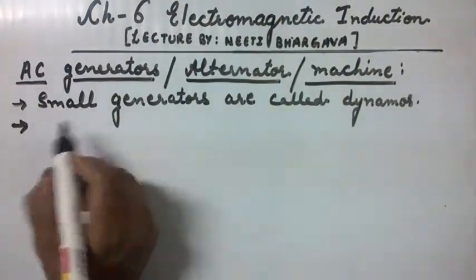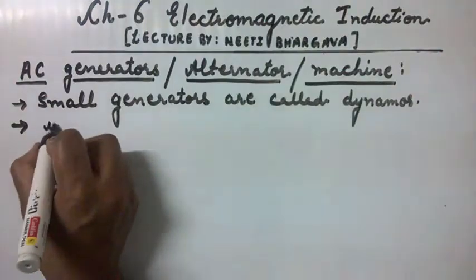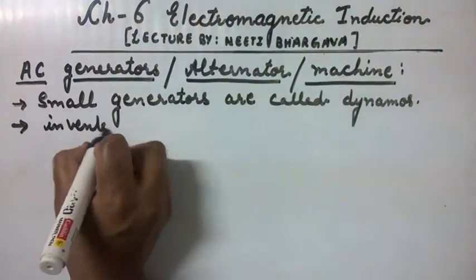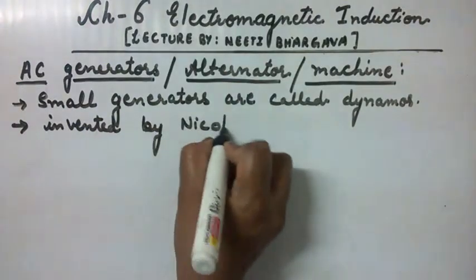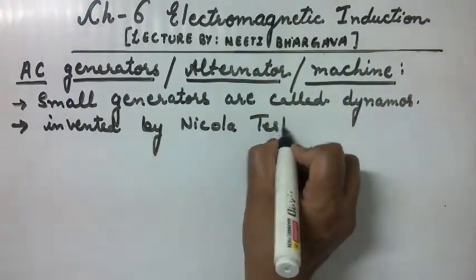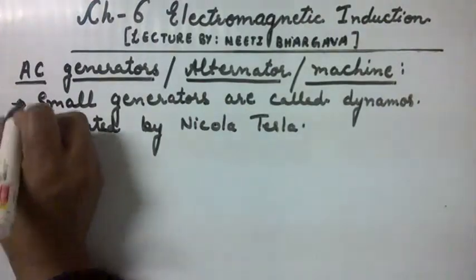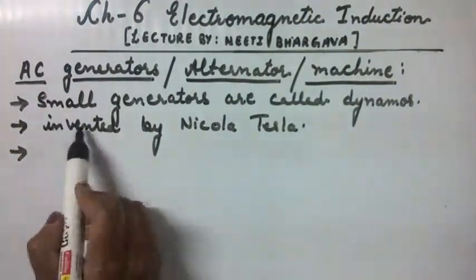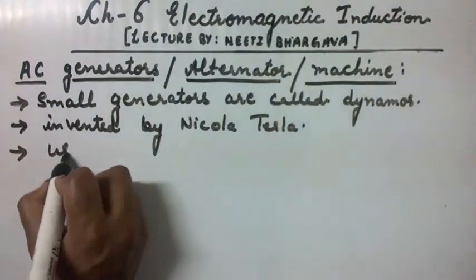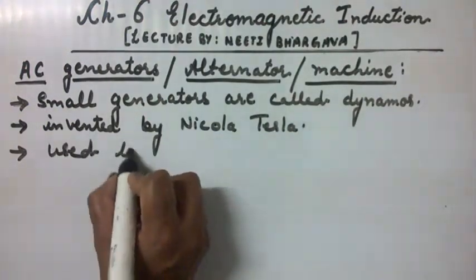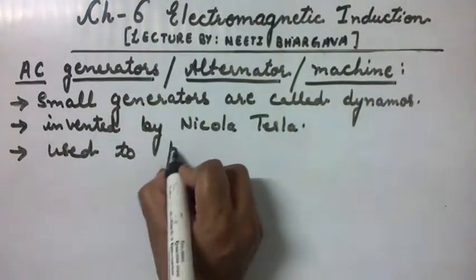And AC generator was invented by Nikola Tesla, and it is used to produce alternating current.